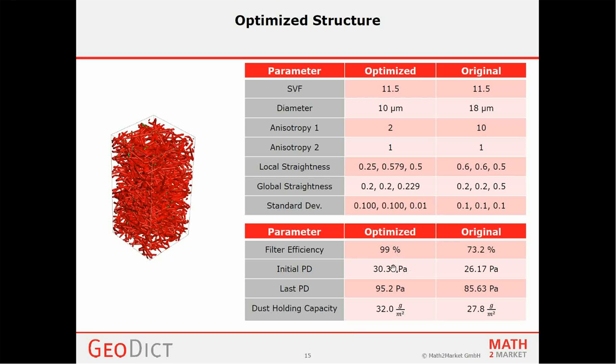The initial pressure drop got a little worse, but that's kind of natural because if the efficiency goes up, the pressure drop also goes up. So optiSLang uses its mathematical knowledge to get a good ratio between filter efficiency, initial and last pressure drop. And also we managed to increase the dust holding capacity.